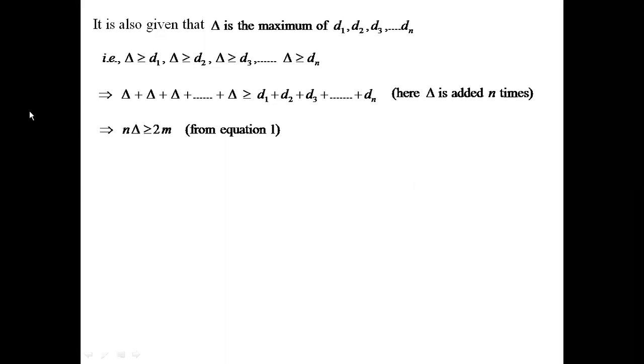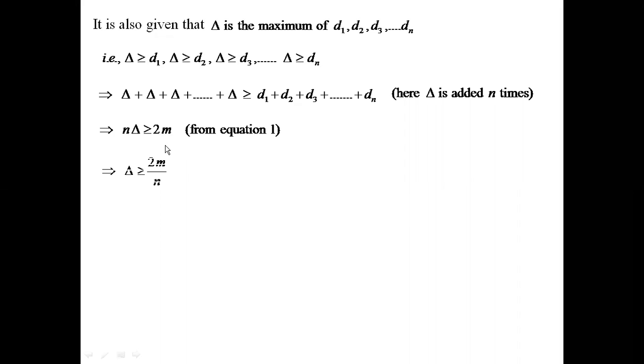We obtain n into big delta greater than or equal to the sum in the RHS. d1 plus d2 plus d3, etc. up to dn is nothing but the sum of the degrees of all the vertices, and by the handshaking property this is equal to 2 into m, which we have already quoted in equation 1. So we can write it down as 2 into m.